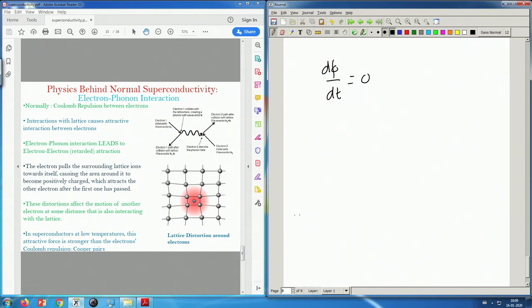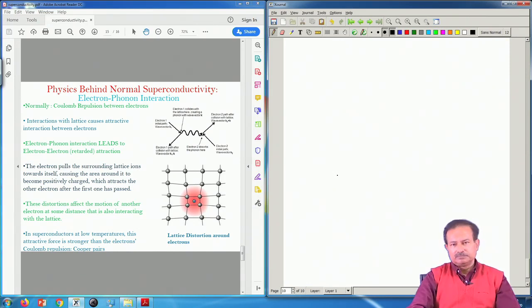Remember, all these are phenomenological theories. So far we have not done any microscopic theory, not started from the underlying basic interactions in the superconductor to produce a superconducting state, and that is the task that, as I said, many people tried, and finally Bardeen, Cooper and Schrieffer achieved in the 1950s.